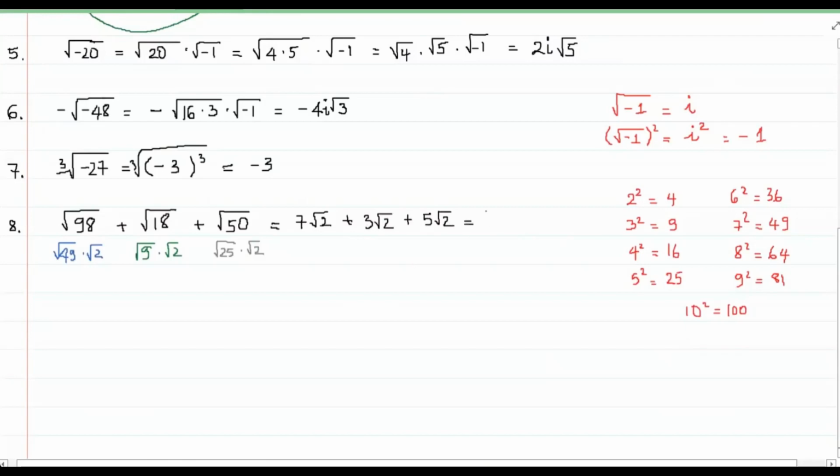That equals 7 plus 3 plus 5, times the square root of 2. And that is equal to 7 plus 3 is 10, plus 5 is 15 square root of 2.